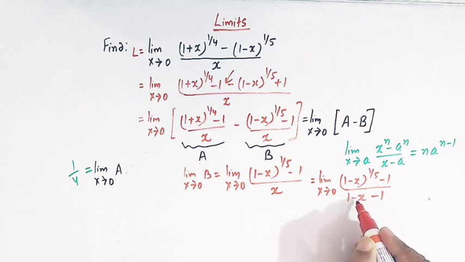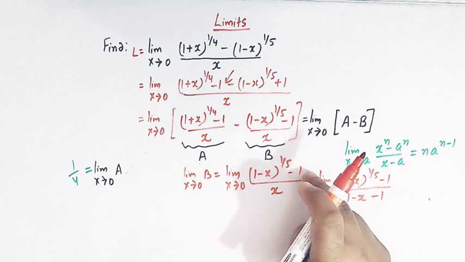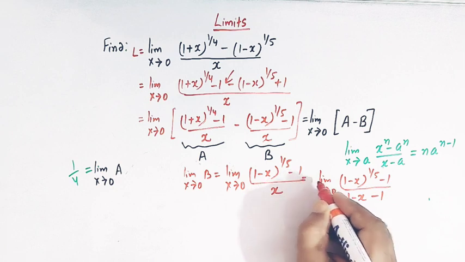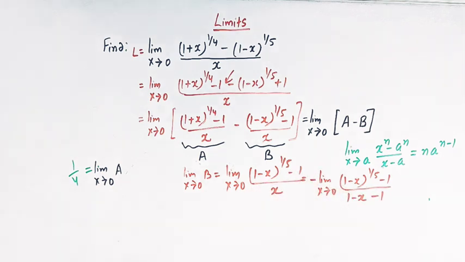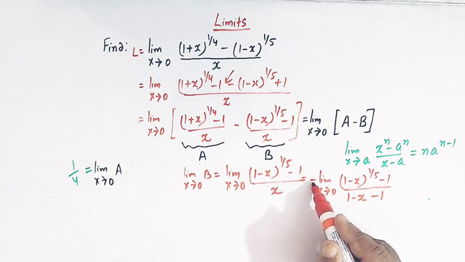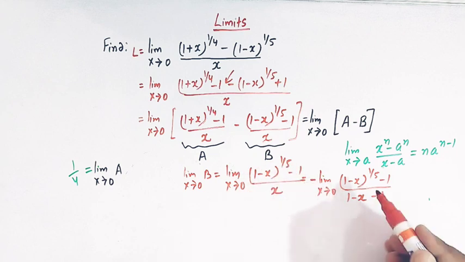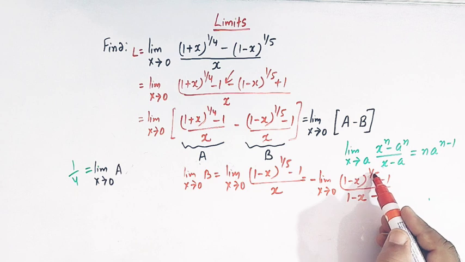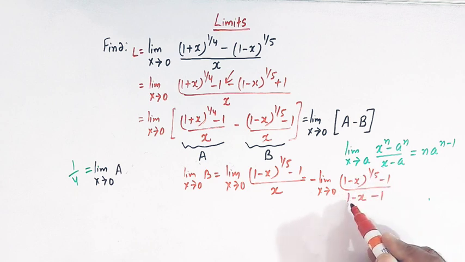In order to neutralize this negative sign, we place a negative sign outside, so the expression can be written as negative limit x tends to 0 of (1 minus x) raised to 1 over 5 minus 1, divided by (1 minus x minus 1).